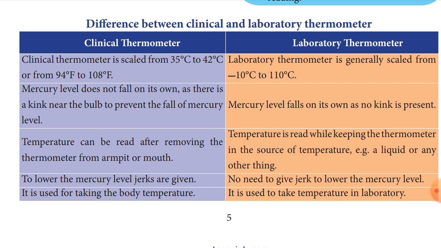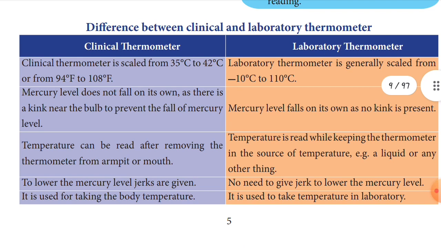Already I told you, it prevents the fall of the mercury level. In the laboratory thermometer, the mercury level falls on its own as no kink is present. So that is the main reason to handle this type of laboratory thermometer very properly.